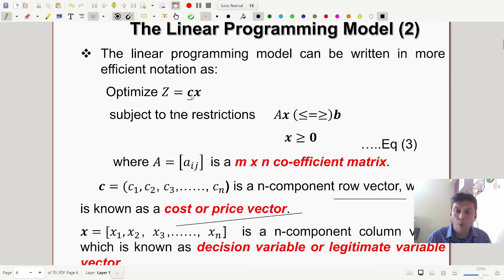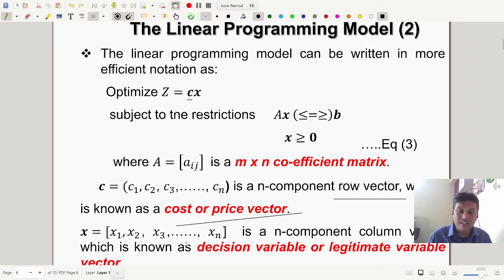Here c, bold c, is an n component row vector, which is known as the cost or price vector. And the restrictions, that is the constraints, are given by Ax less than or equal to, greater than or equal to b. So A is the coefficient matrix, an m cross n coefficient matrix, a_ij.